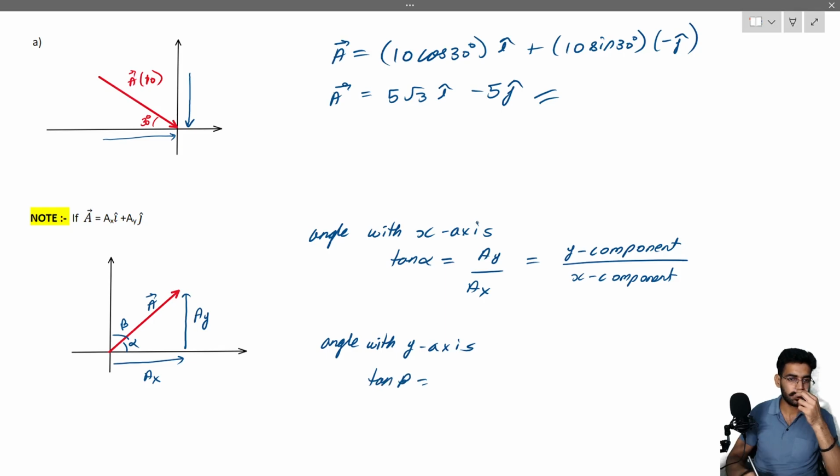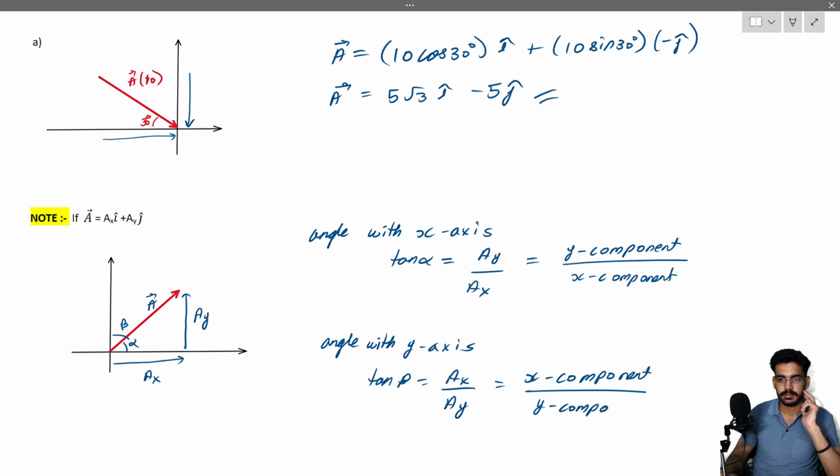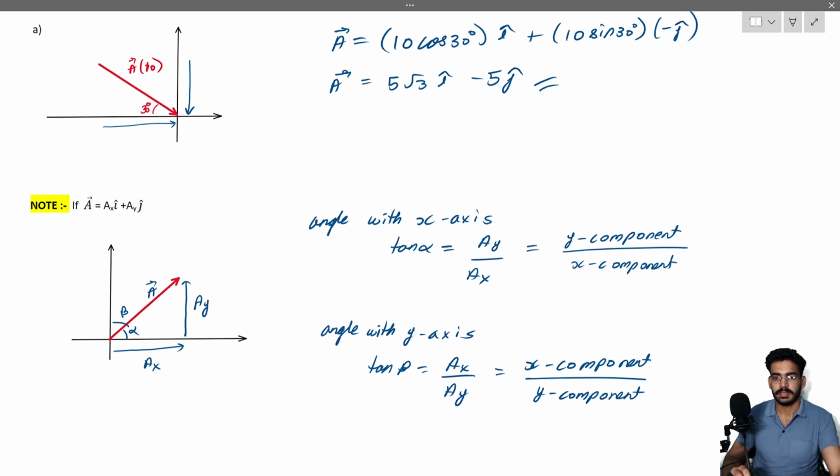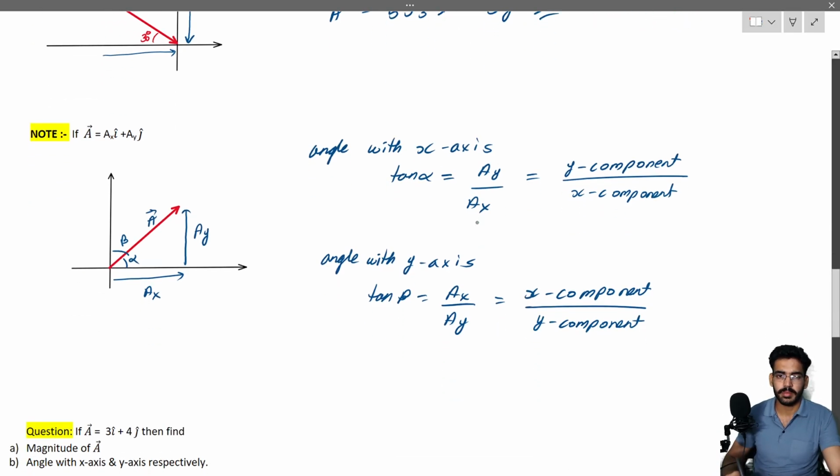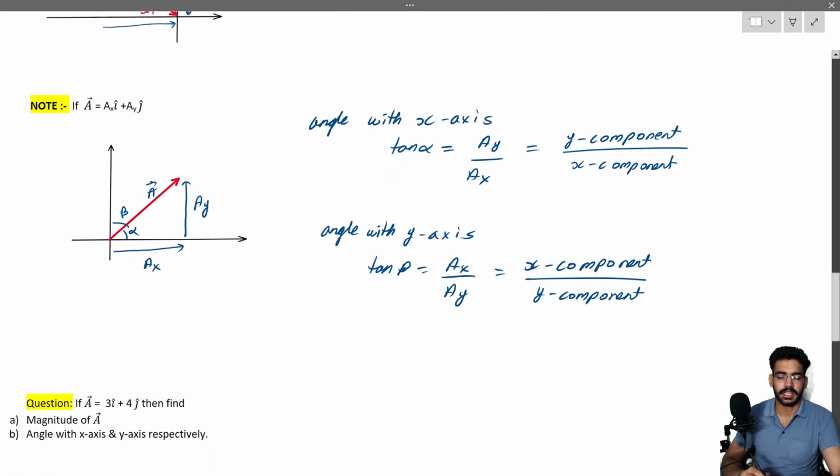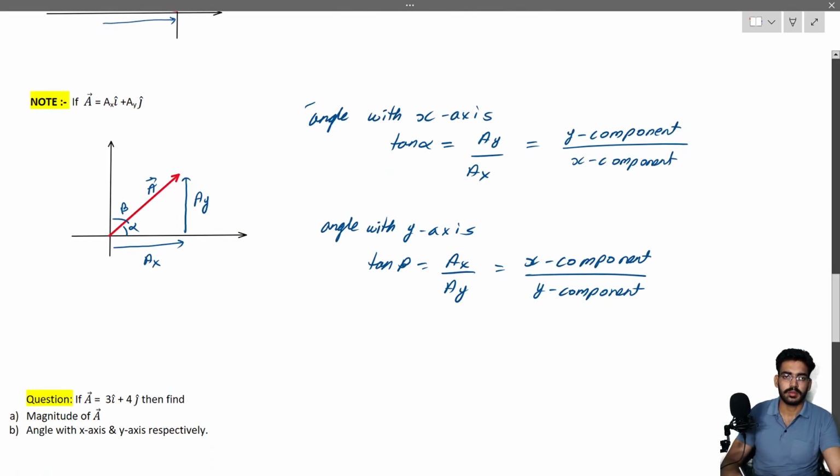Tan beta you can shift this ax here, and ay here. So tan beta will be perpendicular upon base, that is ax upon ay, right? X component divided by y component. That's how. So you don't have to remember this, you can draw this anytime. If it is with the x-axis, you can remember if you want, but I don't recommend it to remember, okay.